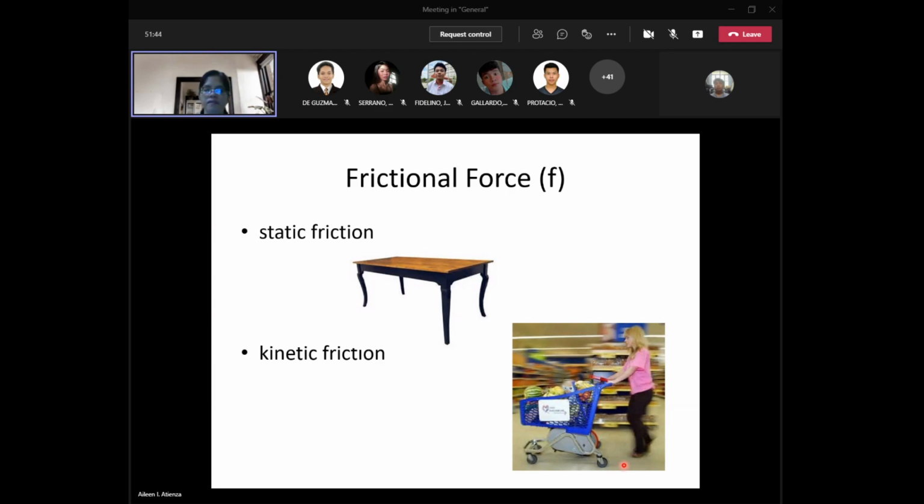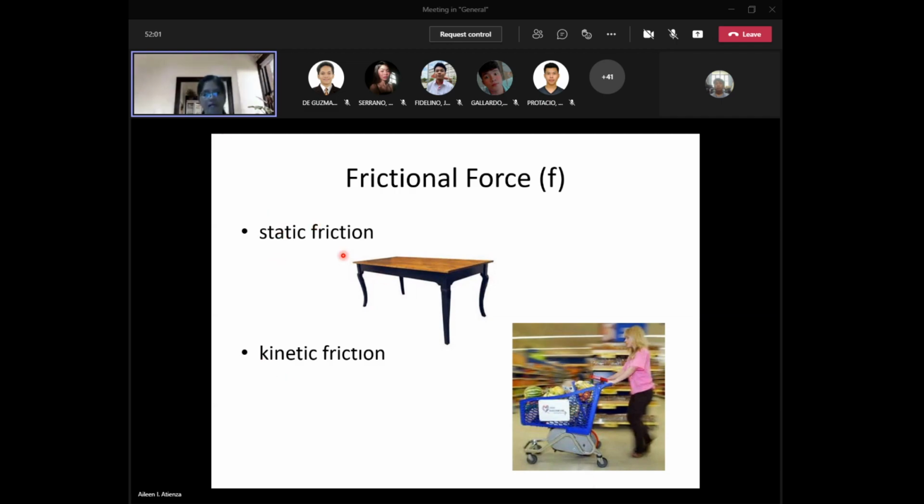Since this one is moving, nagkakaroon ng friction between the contacting surfaces, between the wheel and the ground and the floor. So we have kinetic friction in here.